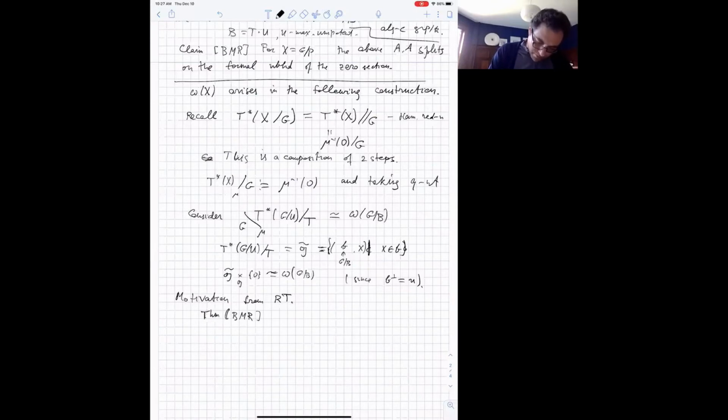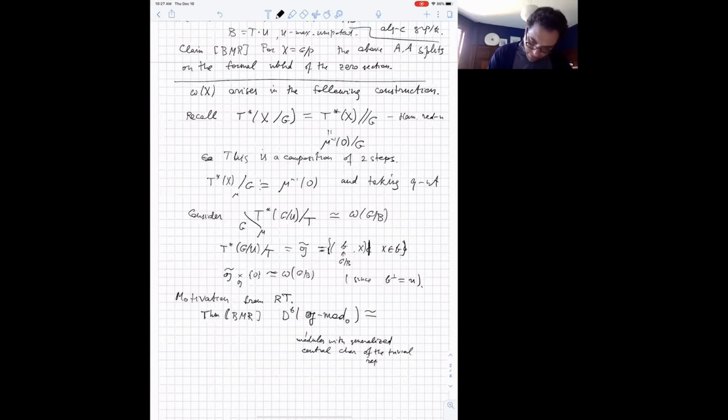there is an equivalence between the derived category of G modules, maybe I'll write 0, so this is modules with generalized central character, the central character of the trivial representation.